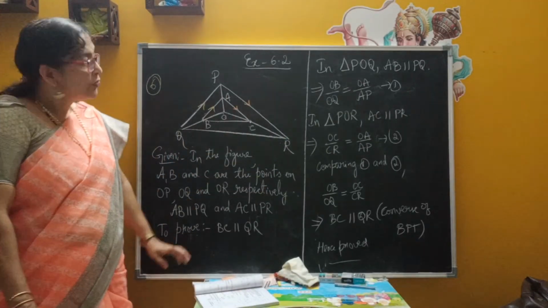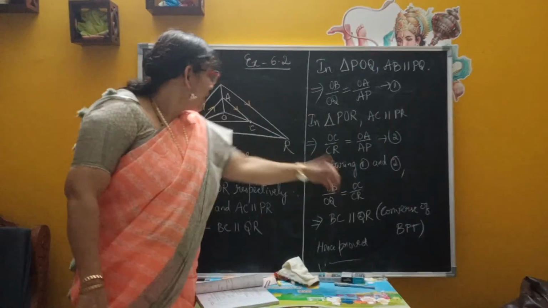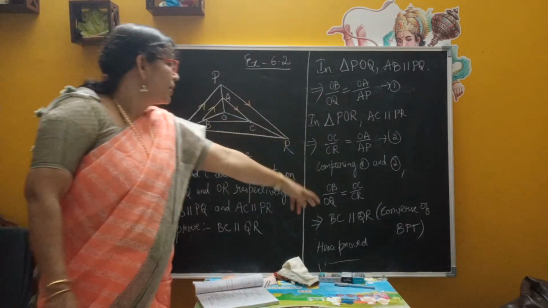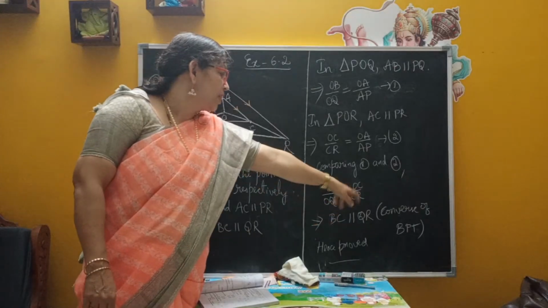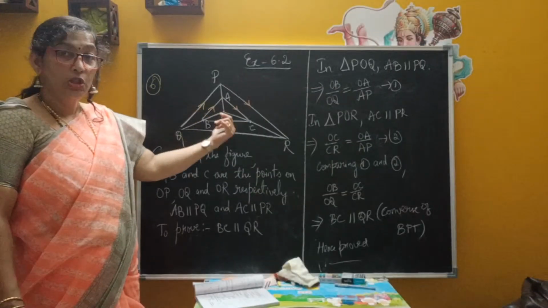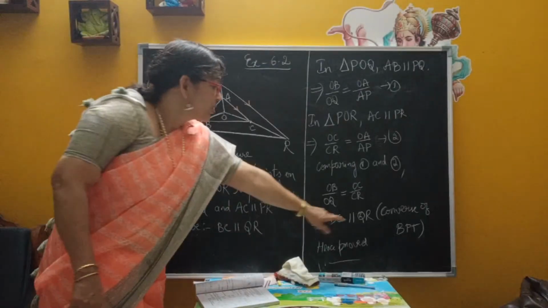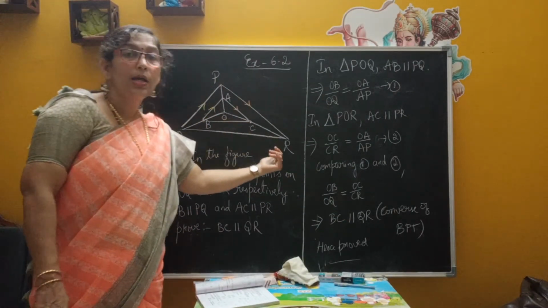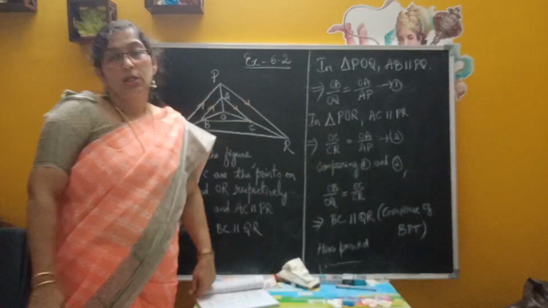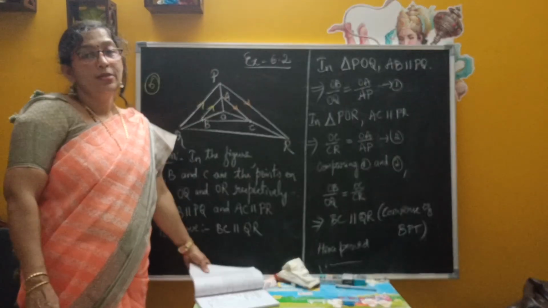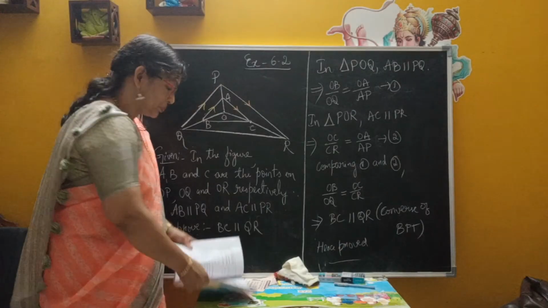Here, the line BC divides OQ and OR in the same ratio, that is OB by OQ is equal to OC by CR. So these two lines, BC and QR, are parallel to each other. So here we have proved this also. Very simple now.